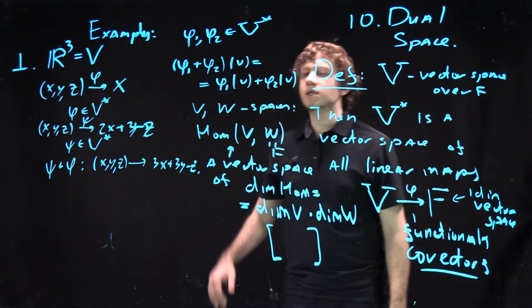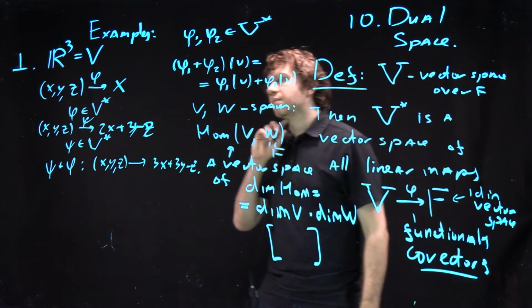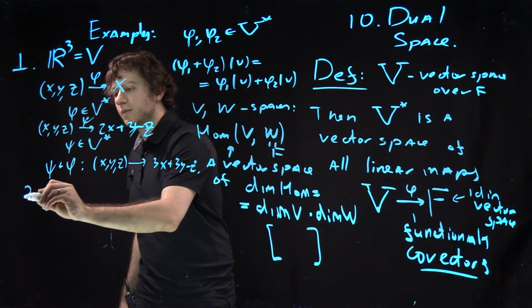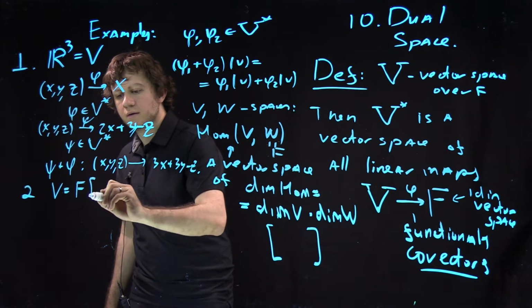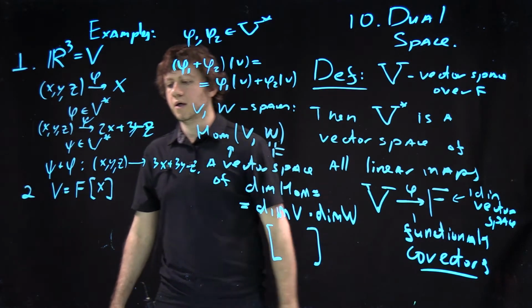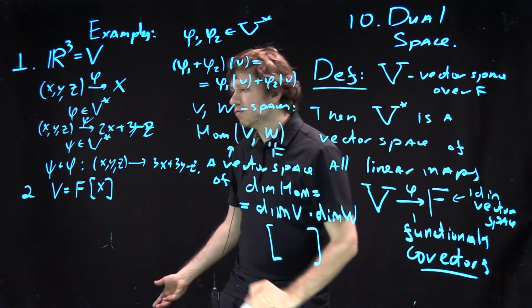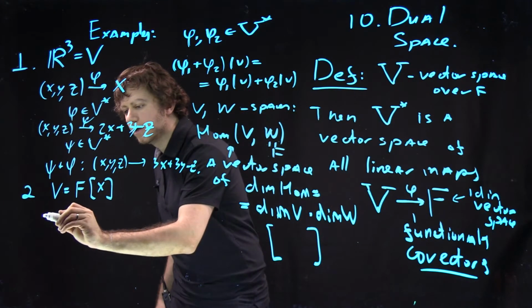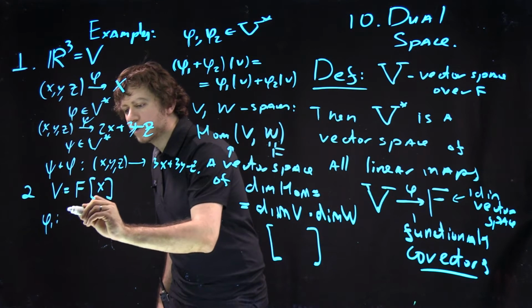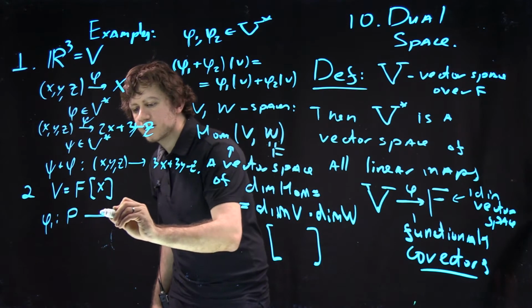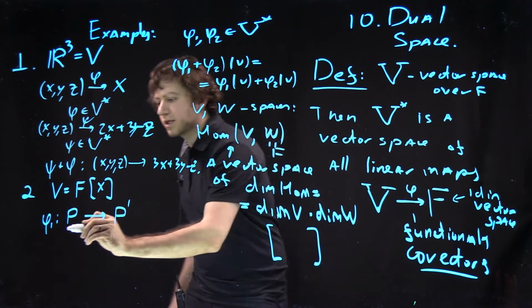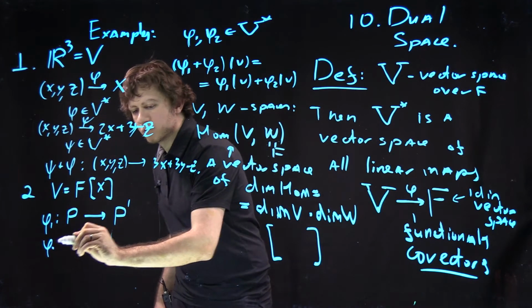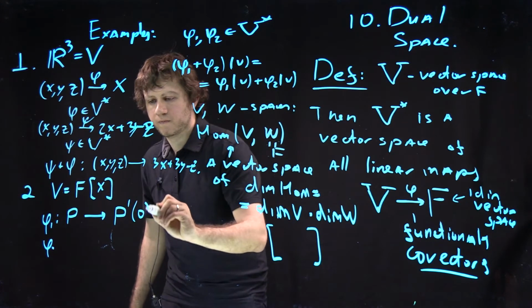But of course, this is a boring example. An interesting example will be something like, take for instance our vector space of polynomials. And then if you want to write down a map, you can actually use some formula. For instance, you can take phi1, which takes a polynomial p and sends it to p prime. Or for instance, you can take phi2, p prime of 0.